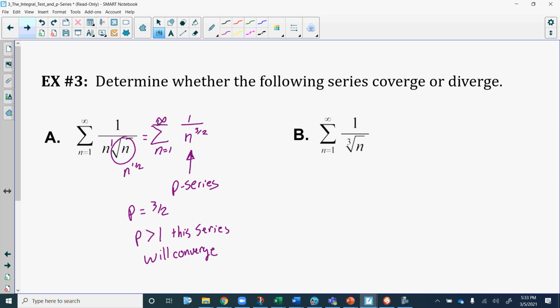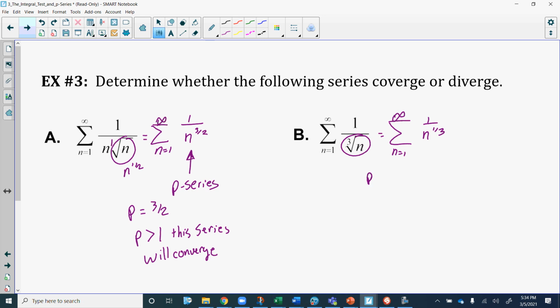So go ahead and try working out the next one if you want to, and hit pause and look at the video. But again, this one's going to work out pretty similarly. The radical, I'm going to convert that to an exponent, and that'll be 1/3. And again, this is a p-series.